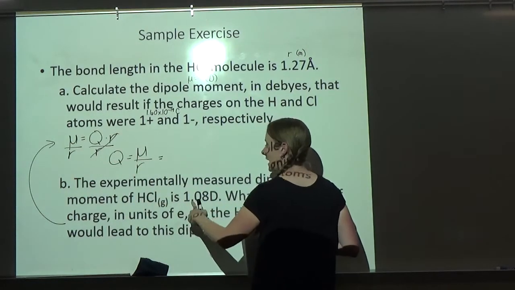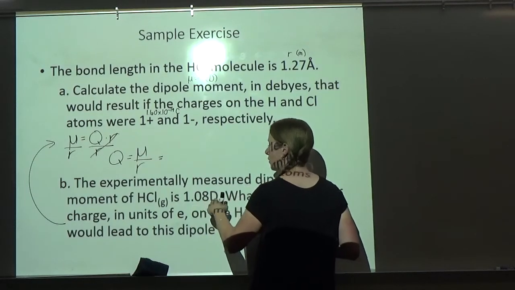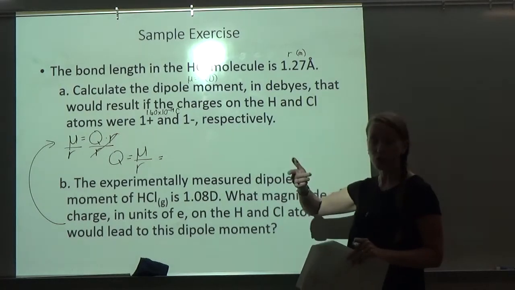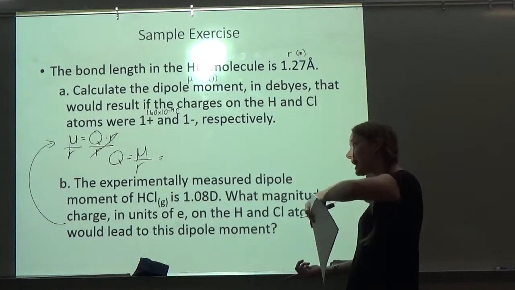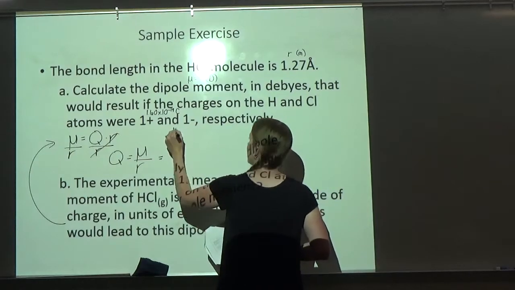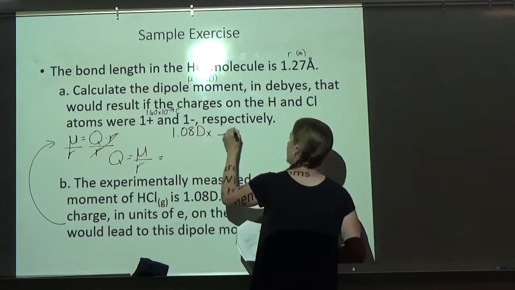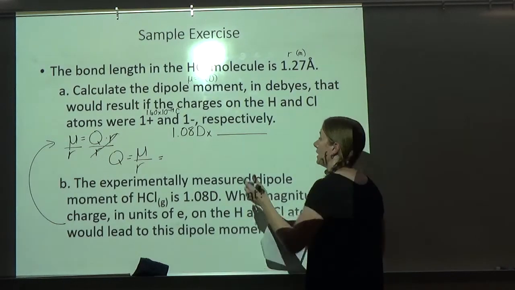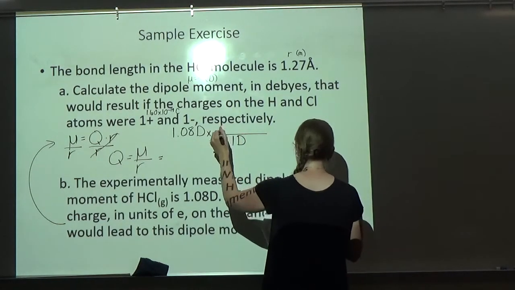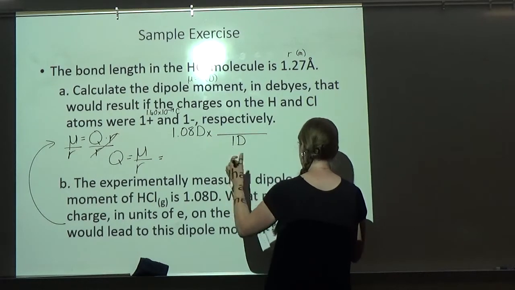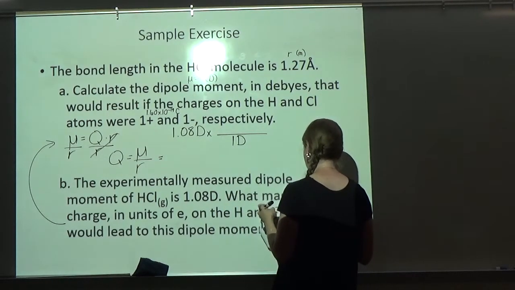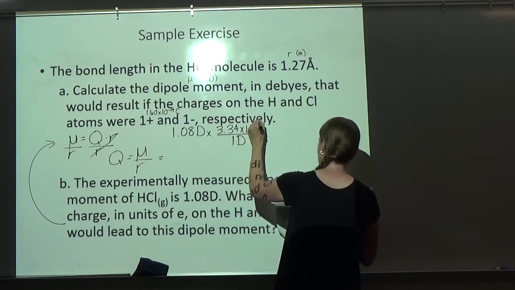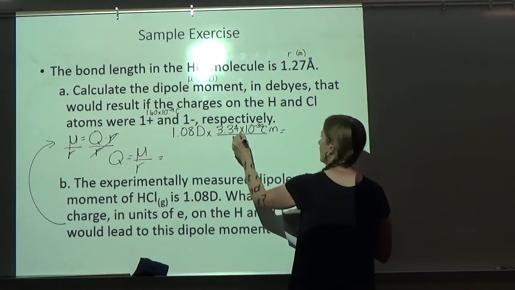So I know that the actual dipole moment is 1.08 debyes, but when I plug into my formula, I need it to be in coulomb meters. So I'm going to have to go backwards from what I just did. I take my 1.08 debyes, and I use that same conversion factor that I showed you in the previous slide. 1 debye is, sorry, I don't use this conversion factor super often, so let me find it right here. 3.34 times 10 to the negative 30 coulomb times meters.